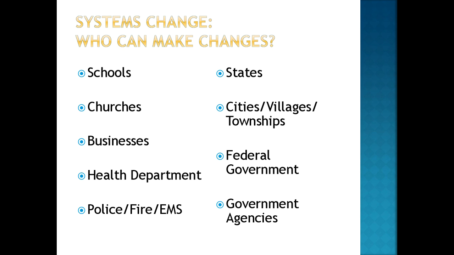So, take a system change within the school: the federal government adopted a policy saying that schools had to serve a certain number of fruits and vegetables every day as a part of their school lunches. And so that changed the system within the school districts, and any school participating in free and reduced lunch, because they now had to offer these fruits and vegetables.